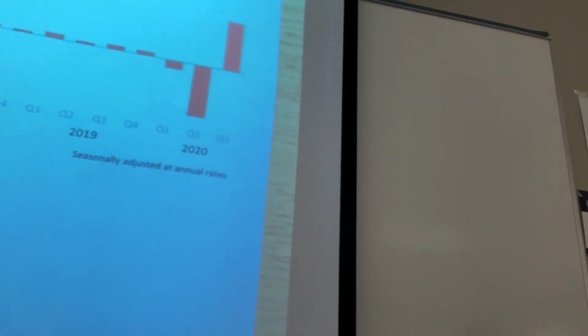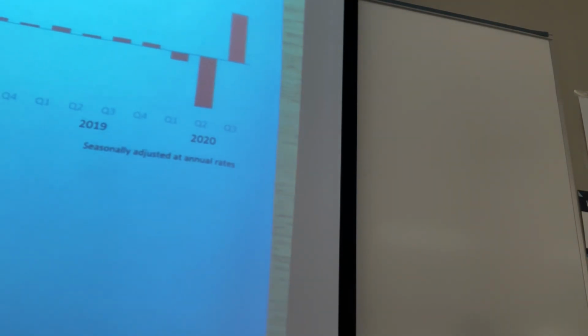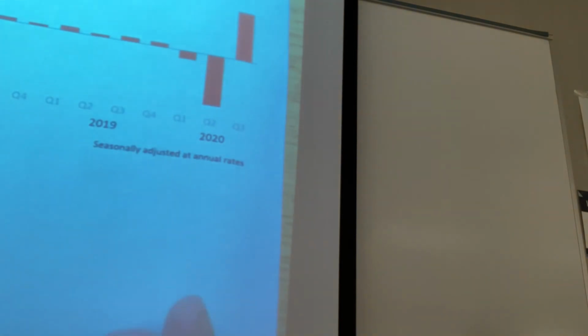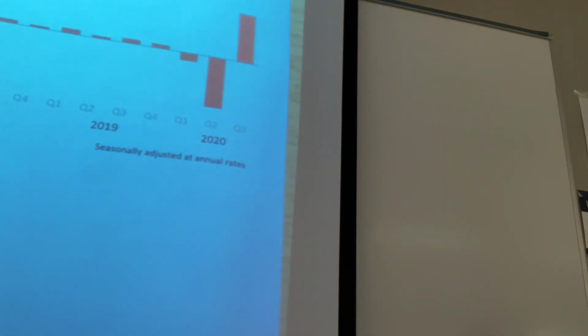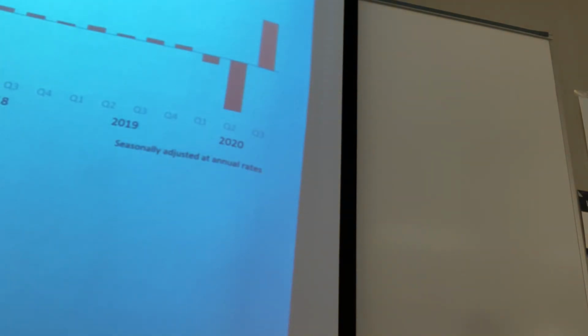All right, so I pulled this up this morning off of the Bureau of Economic Analysis website, and the real percentage change, you can see from 2016 till now, how it's gone down a little bit, and up a little bit, and down, and up, and then way down. So what happened in Q2 of this year? Oh, anybody know? Yeah, the pandemic.